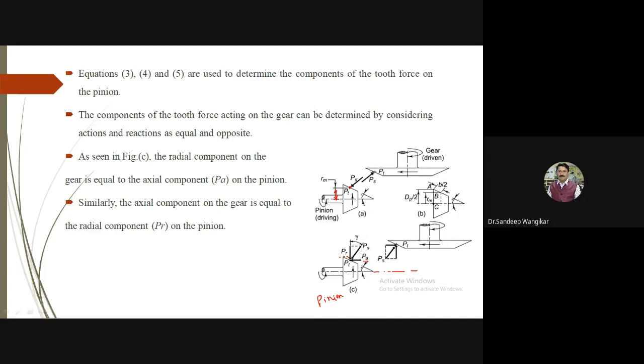This is PS, and PT you cannot show. PT you have to show dotted, or mark a cross, to show your PT. These are the directions for pinion.